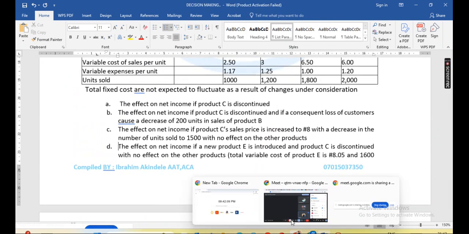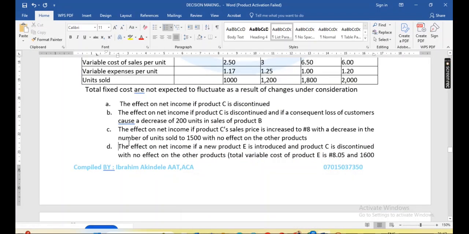Now, the next one is the effect. What will be the effect on net income if a new product E is introduced, and product C is discontinued with no effect on other products?